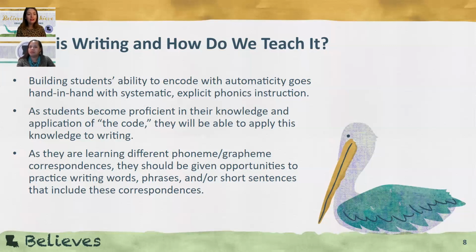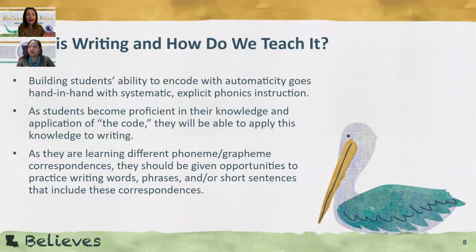If I know that I've taught students digraphs, and I notice that in their writing, they're still not applying those digraphs, that's an area that I can support my students in, right? But it requires the careful analysis of the work that they're doing.